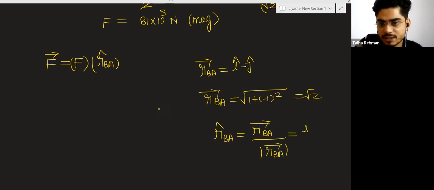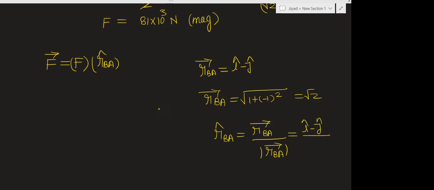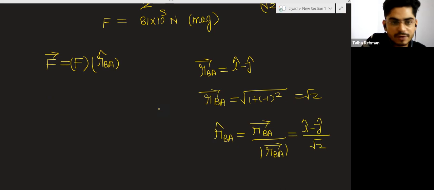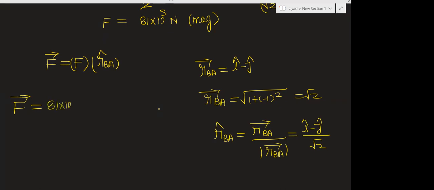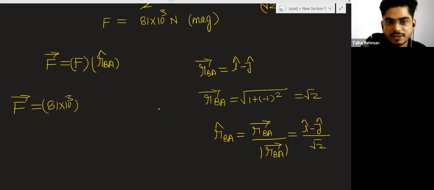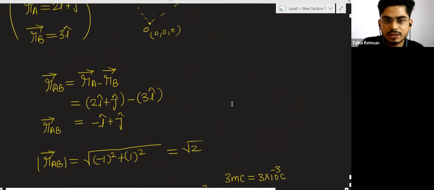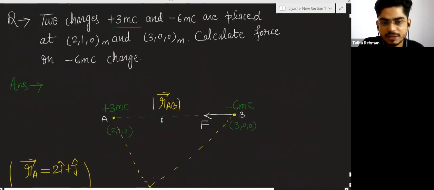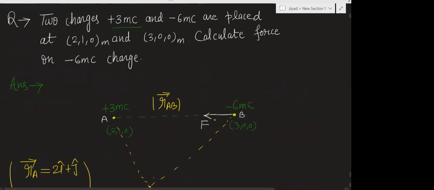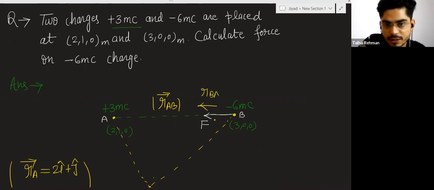This is the RBA vector, i minus j cap. Now you will write the force as: you have the magnitude of force as this, 81 into 10 to the power 3, and the unit vector in this direction of BA. This is the direction BA, na? In this direction you have the unit vector RBA, and you will multiply it.